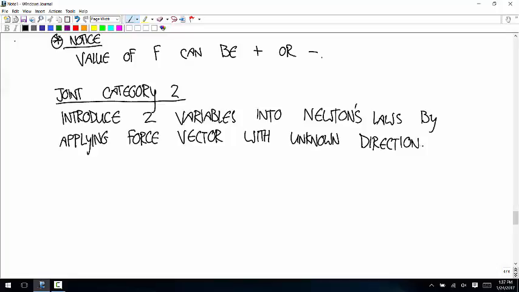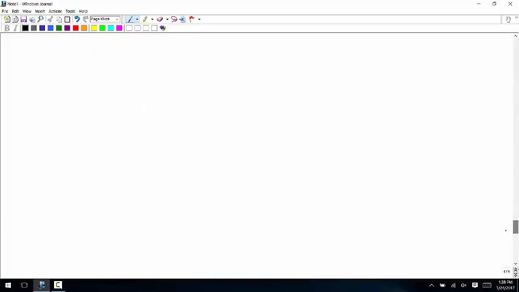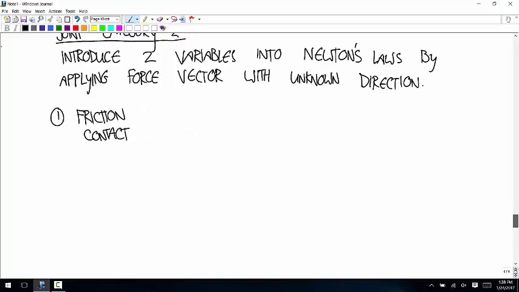Okay, so the first one is the one that we've already seen in this class, friction contact. In a problem, you would see that, it would look just the same as frictionless contact. You'd just be told that there's friction.